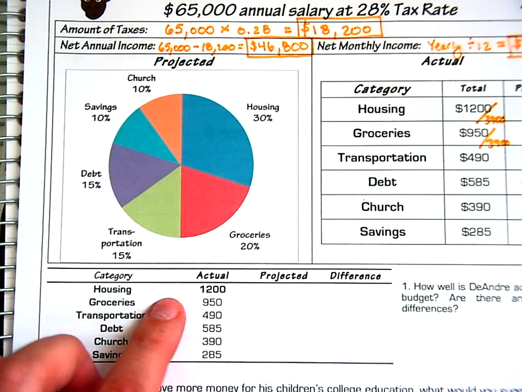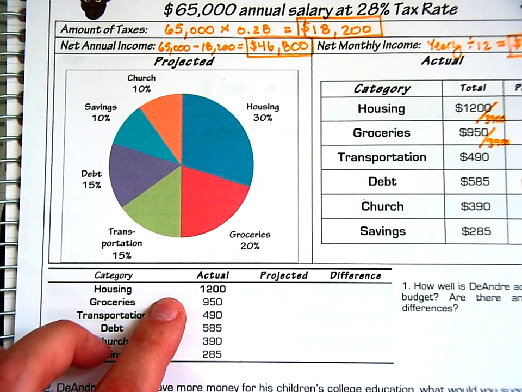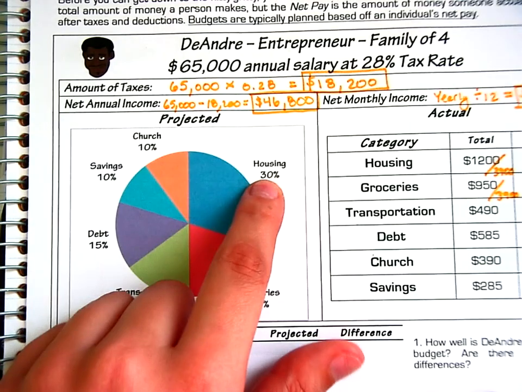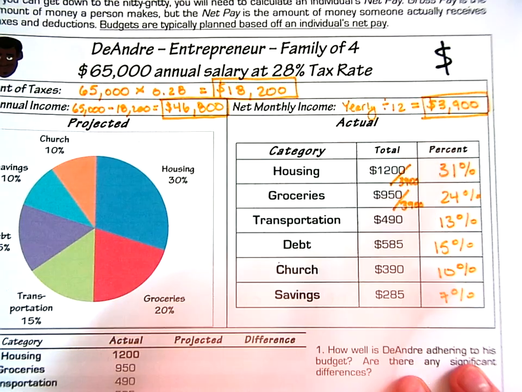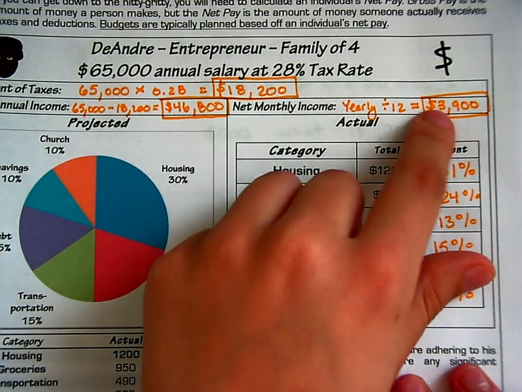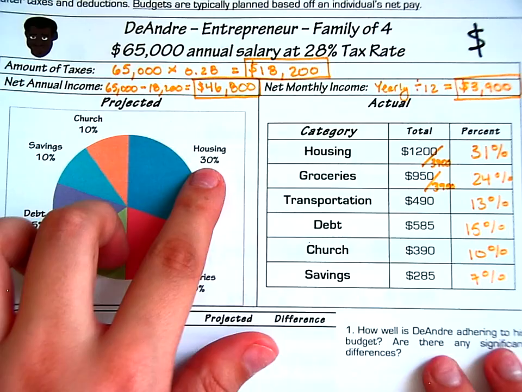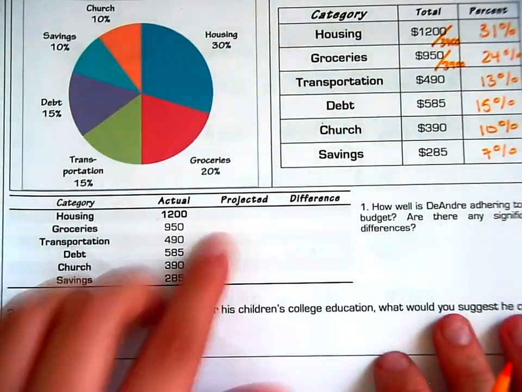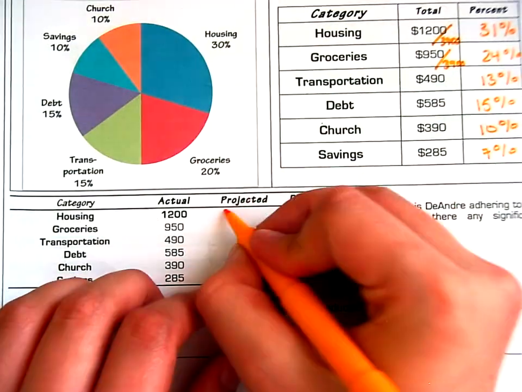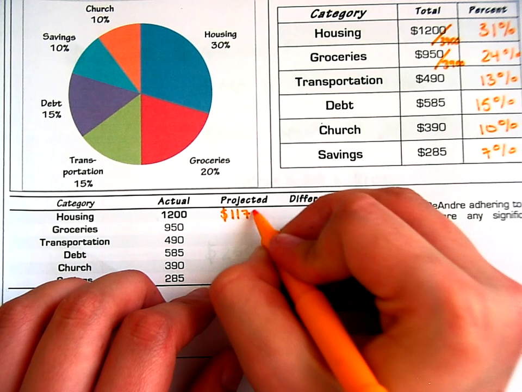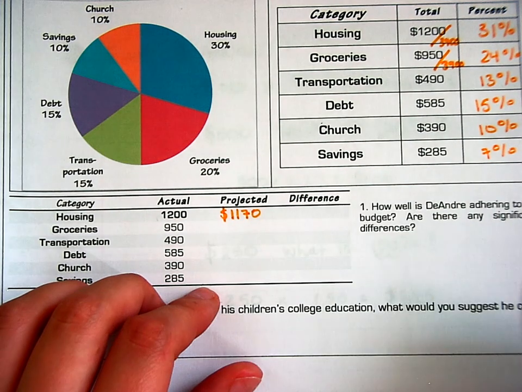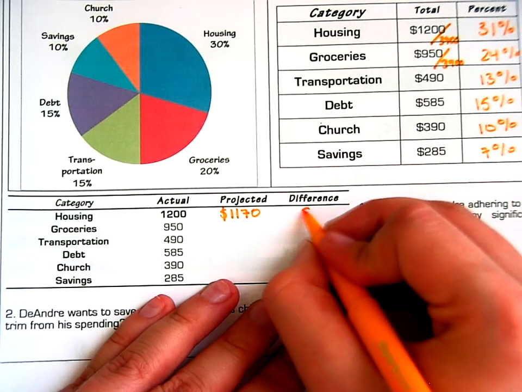Let's start with housing. So housing, he planned to spend 30% of $3,900. So in your calculator, you would do 3,900 times 0.3. Okay, so let's do that. And that gives us 1,170. So the difference is $30.